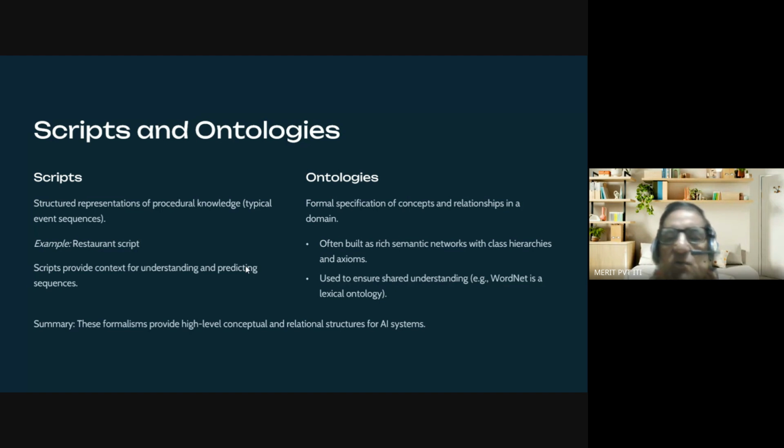For example, WordNet is a lexical ontology. These formalisms provide high-level conceptual and relational structure for AI systems. So these are scripts and ontologies. That's it.